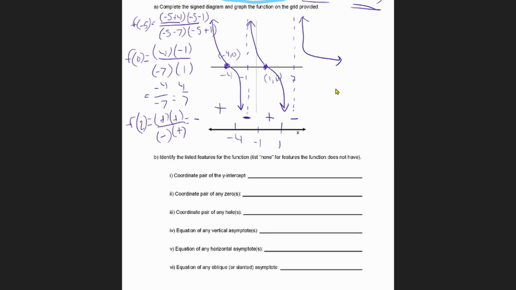Okay, so B asks for the coordinate pair of the y-intercept. We can do that by taking f of 0, and we actually found that out to be 4/7 over here. So this point here is (0, 4/7).